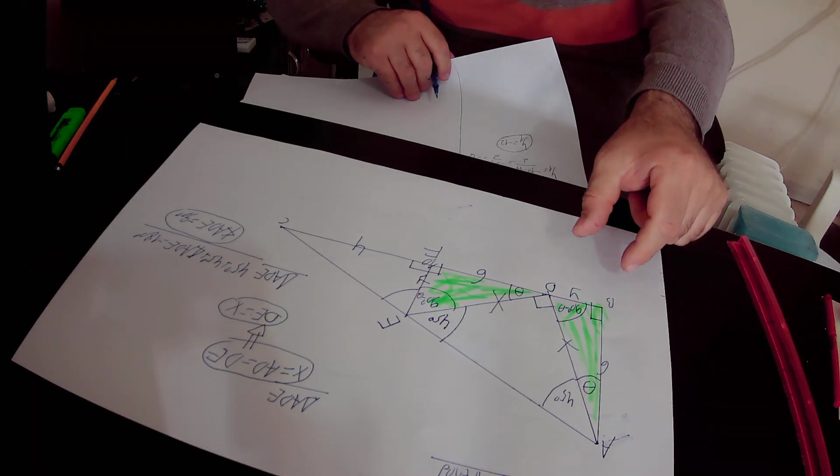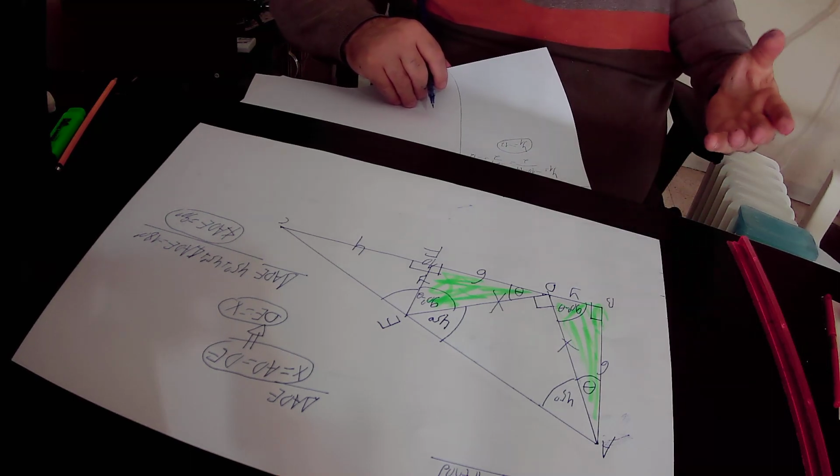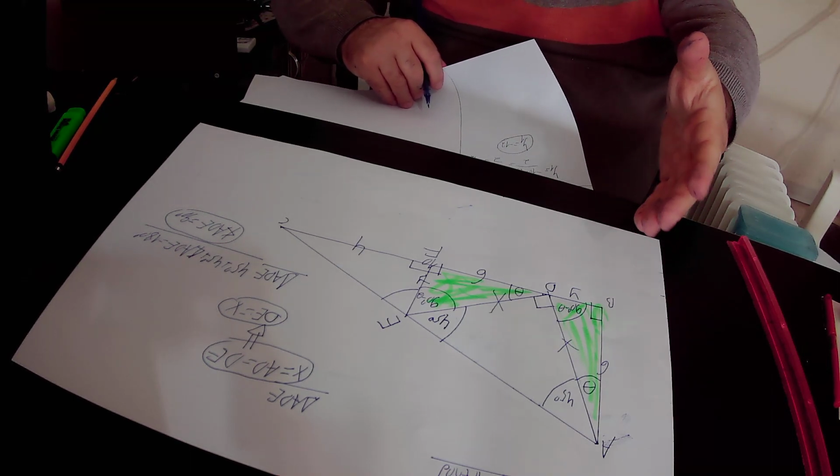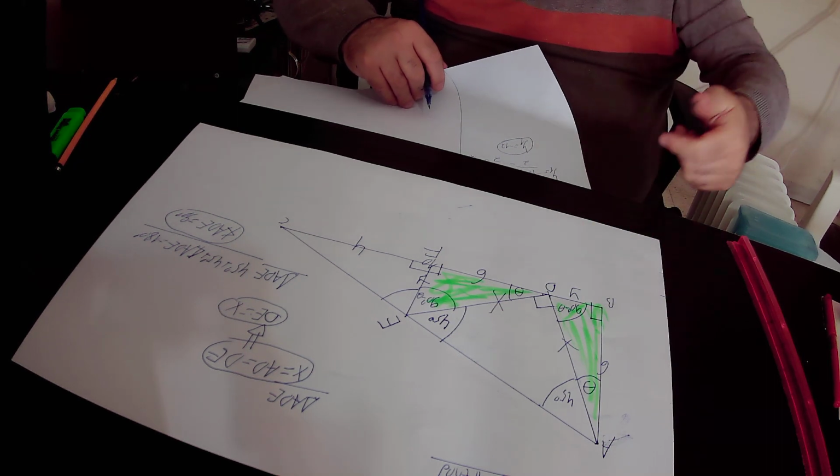But because y here equals BD, y is a length. It is the length of side BD.